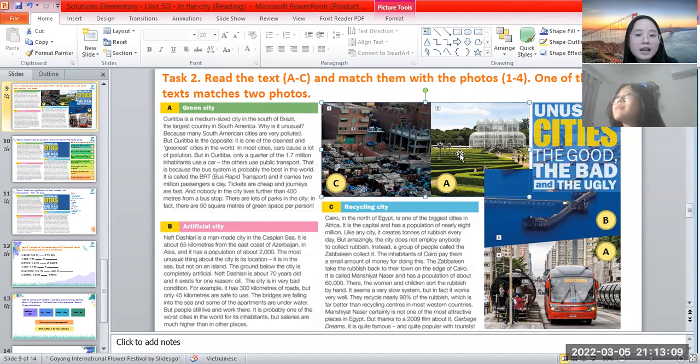You see here the Botanic Garden, so it would be a green city in the world. And the air is also very clean. So that's why it is a green city, from the name. Okay, the third picture. What do you choose? B?